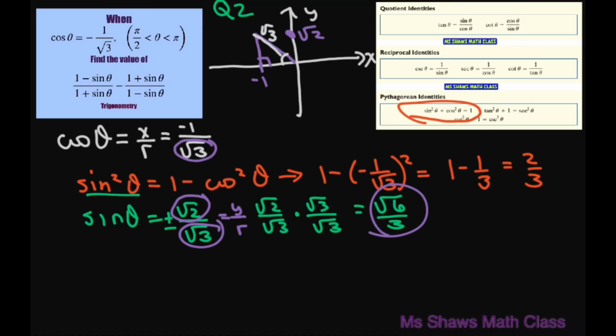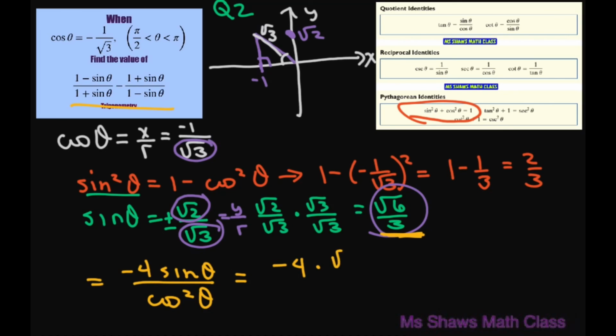let's go ahead and go back to our formula. Our formula we had that we rewrote was negative 4 sine of theta divided by cosine squared of theta. All right. So I'm going to go ahead and use this one. So it's going to be negative 4 times square root of 6 divided by 3 divided by cosine squared of theta.